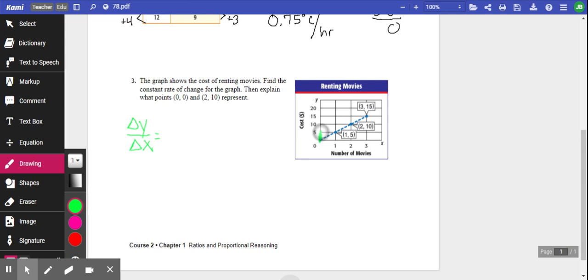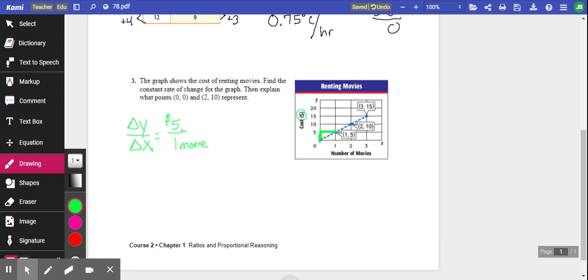The change in y here is we're going to go up 5, and we're going to go over 1. The vertical box is worth 5 and the horizontal box is only worth 1. So it's up 5 over 1, or $5, because the label is dollars, for one movie. That would be our unit rate, or the rate of change. For every movie, it's going to go up $5, or $5 per movie.